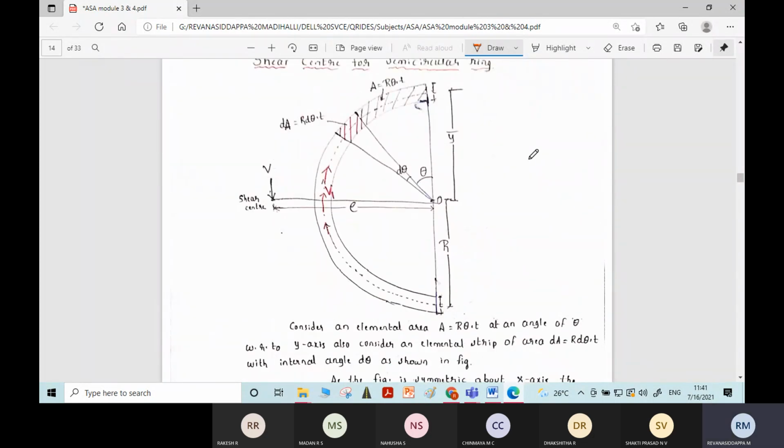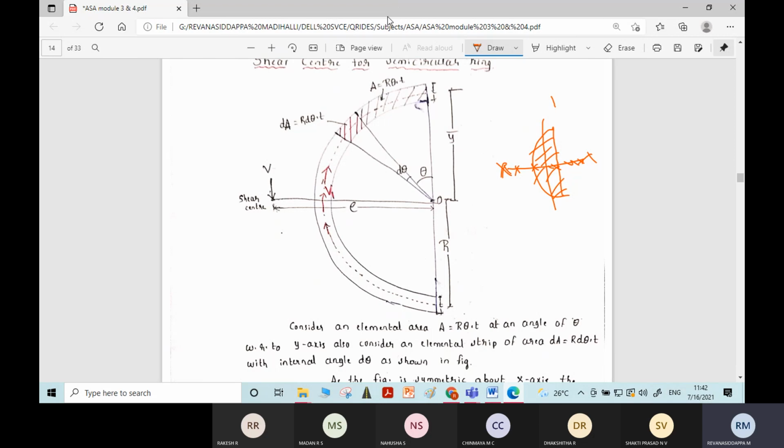If you take the semicircle, the figure is symmetric about the x-axis, meaning the x-axis divides the figure into two equal parts on either side. Therefore the shear center lies somewhere along the x-axis, but it is not symmetric about the y-axis. We will find where exactly it lies.